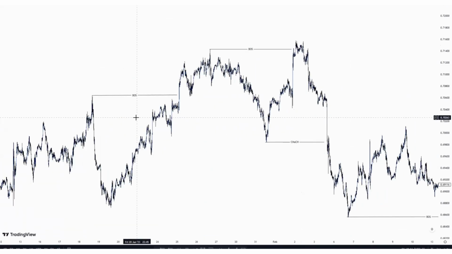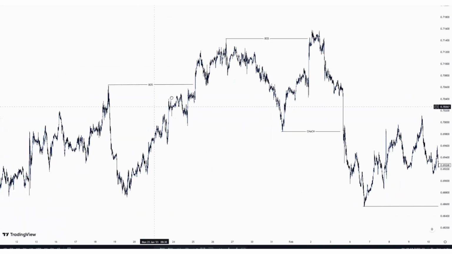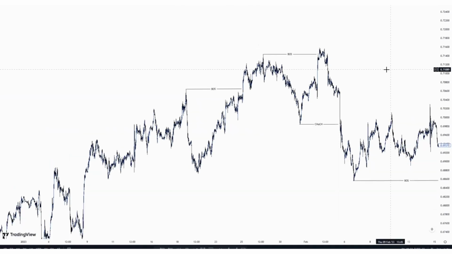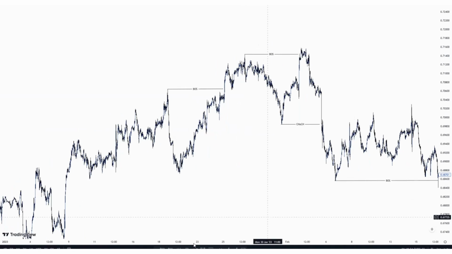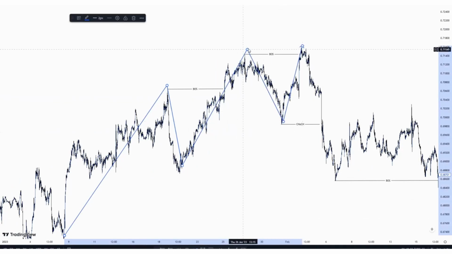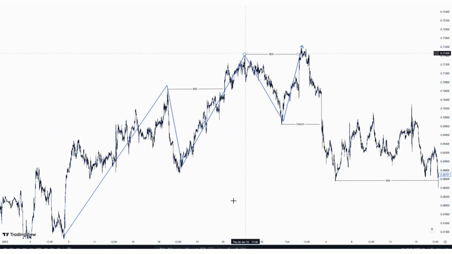Now what do we start with? You see, when you zoom in, it kind of gives you the external structure. These are the moves we're seeing here. This is external structure.